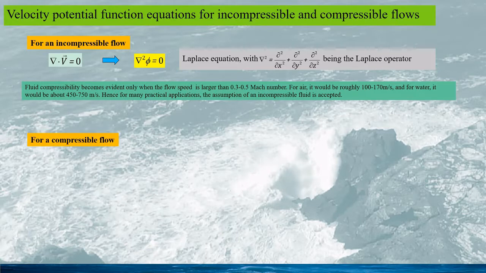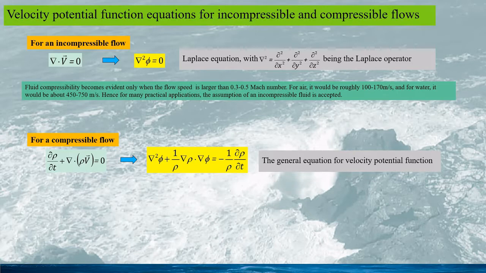If the flow is compressible, the continuity equation leads to a partial differential equation for the velocity potential function as this. We can see this partial differential equation is much more complicated than the Laplace equation.